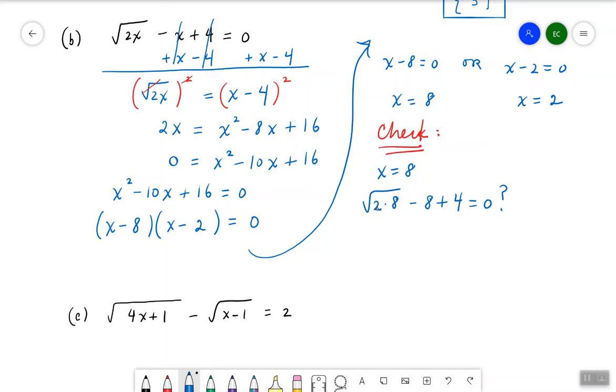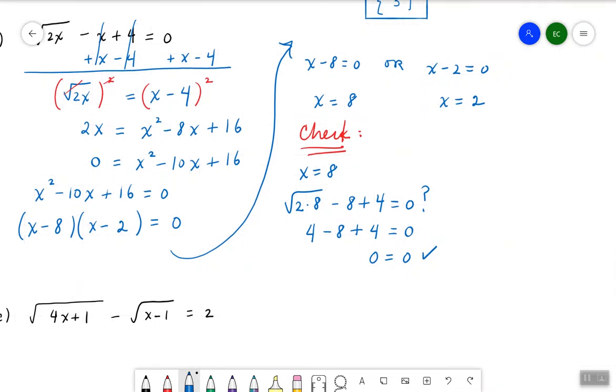Of course, we can simplify under the radical. 2 times 8 is 16, and the square root of 16 is 4. So 4 minus 8 plus 4 is equal to 0. And when you add those up on the left, you do in fact get 0. So that one worked.